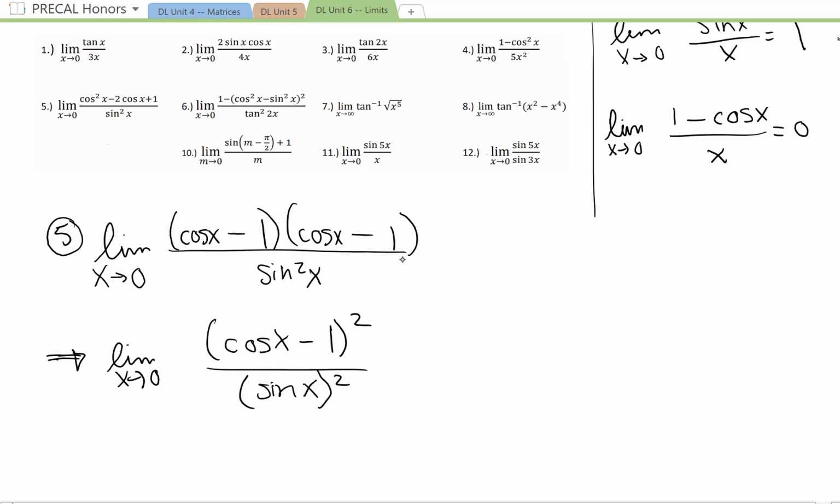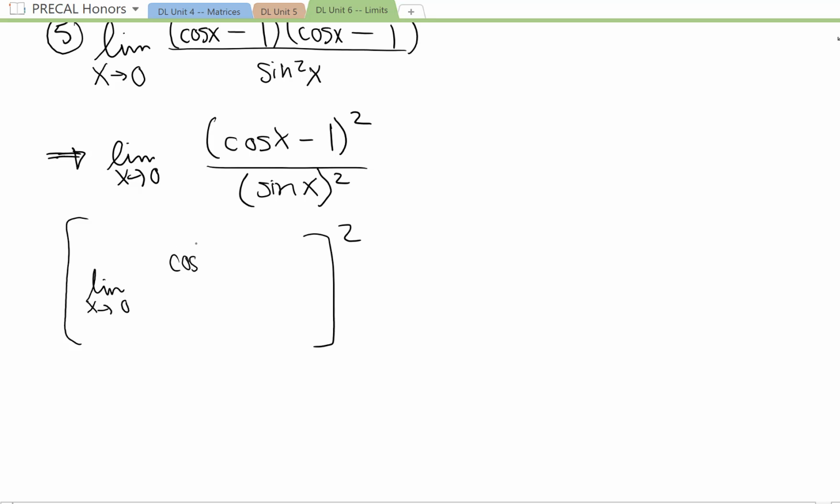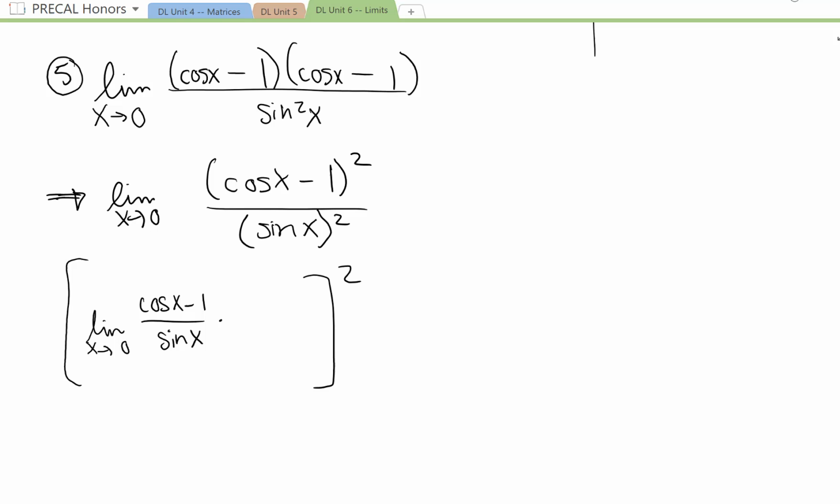I'm going to take the quantity being squared out of the limit, so this will be this quantity as the limit as x approaches 0 of cosine x minus 1 over sine x, all of it squared. So I multiplied by cosine x plus 1 over cosine x plus 1.